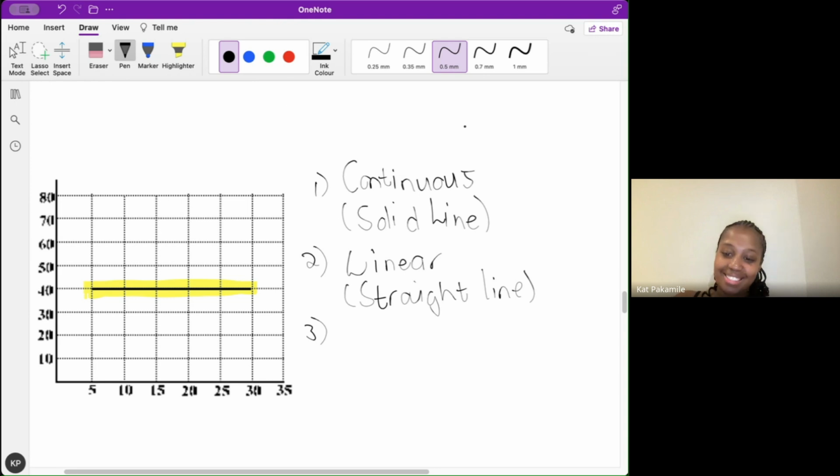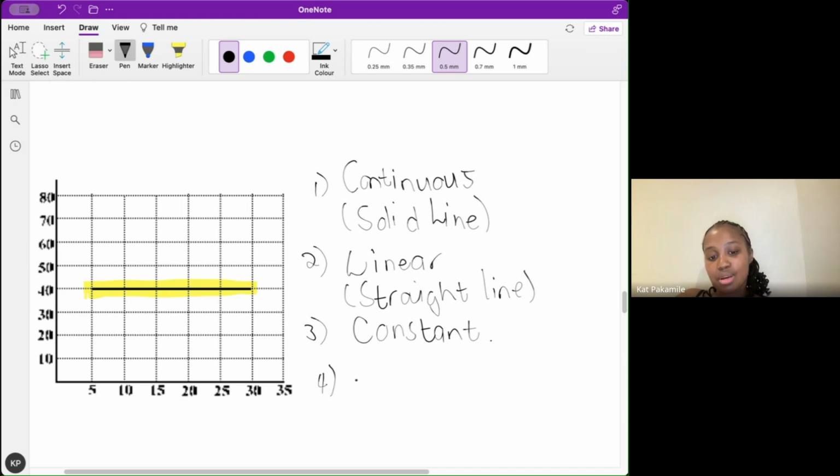Three, is it increasing, decreasing, or constant? Saying it was already a constant graph before I even asked. It is a constant graph because it is straight. It's horizontal. If a graph is horizontal or vertical, that will be a constant graph. Let's look at what happens when you have a constant graph.